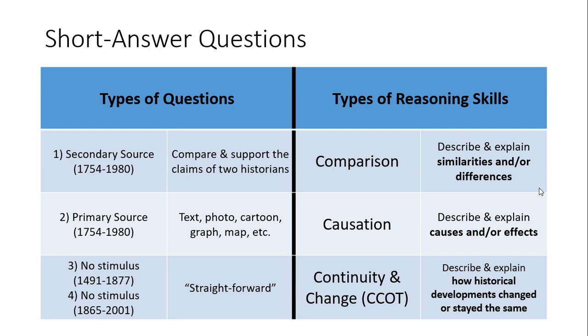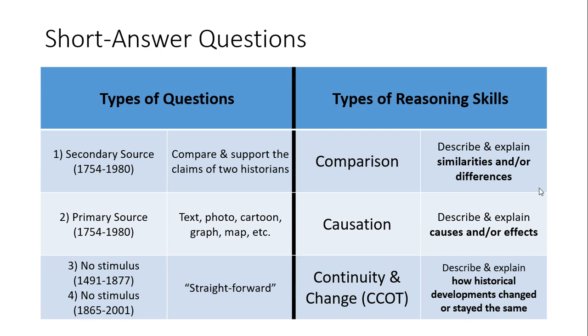So very briefly here, when asked to compare things, that means we're both identifying but also describing and explaining the similarities and or differences between 2 things. Could be 2 eras, could be 2 developments, but we're looking for similarities and differences.